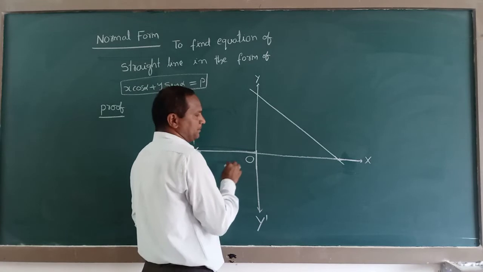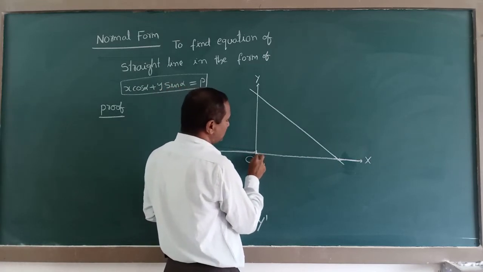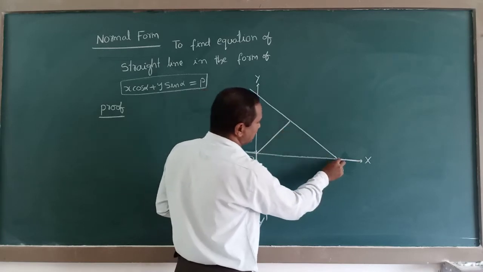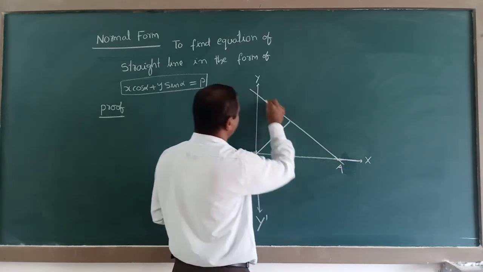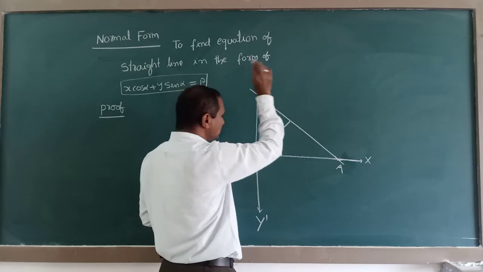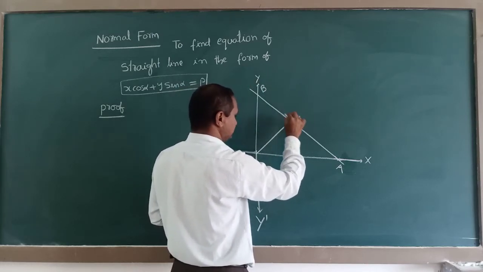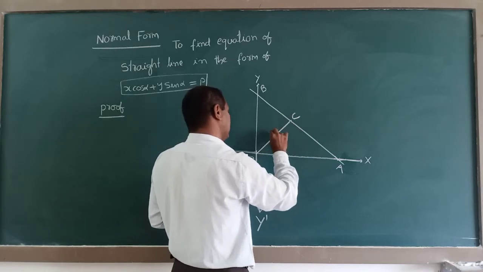And draw a perpendicular line from origin onto the line segment AB here. Just consider here A and it is the B here. C like this. It is the C. It is the length of the perpendicular.